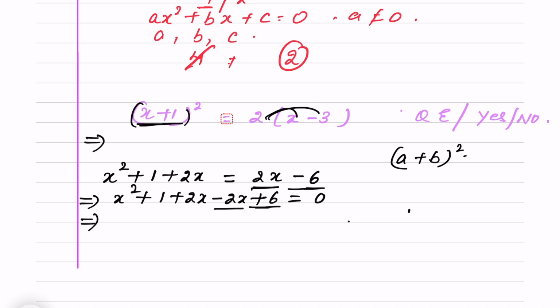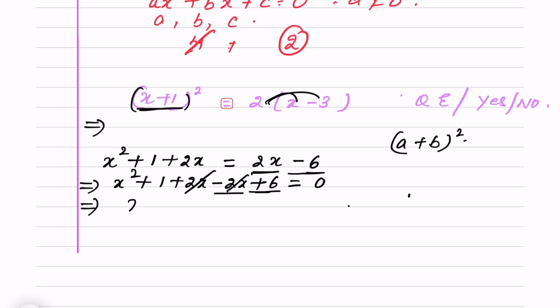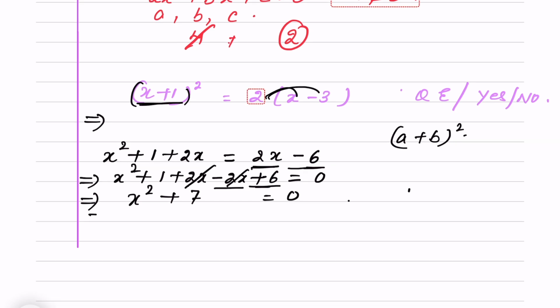Now 2x and minus 2x will cancel, and here it is x square plus 7 equals 0. Okay, is this a quadratic? No ma'am. Why is it not a quadratic? Ma'am, the middle term is missing. There is no term containing x. That's why it is not a quadratic.